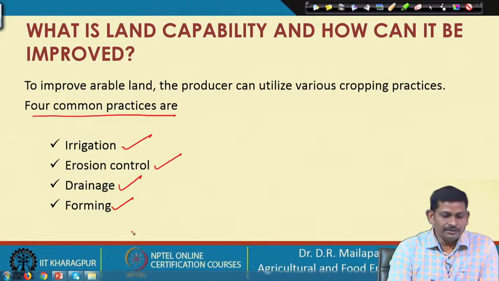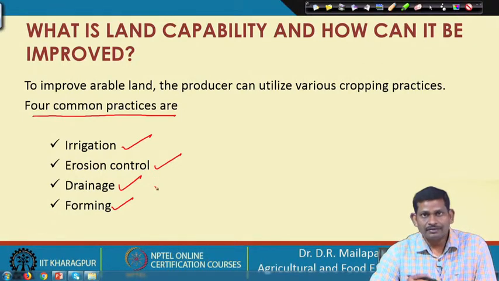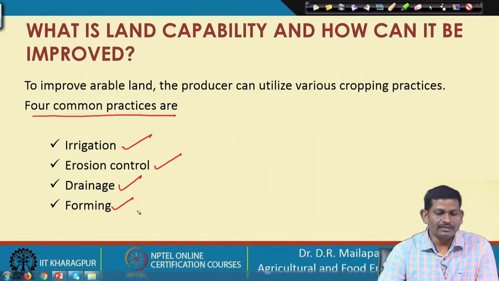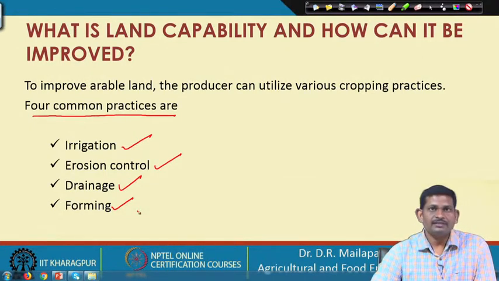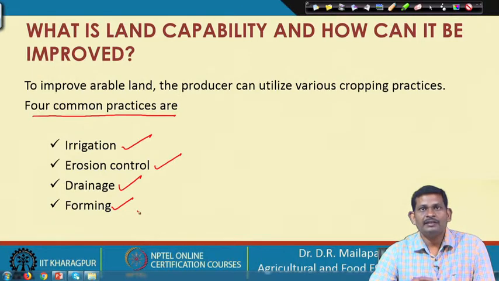Then definitely the erosion control measures will control the soil movement from the surface, and the drainage will help in free drainage of water from the top of the root zone. The farming, or land grading, will help in making a nice grade of land, because that is very important.